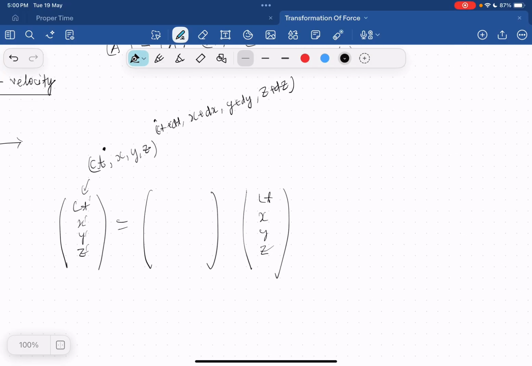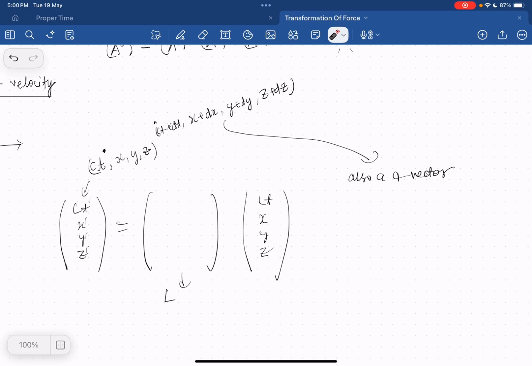This is the same matrix L that we had, and this is also a four vector, right?